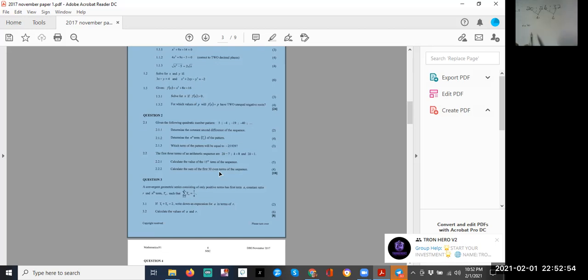Yeah, our n is 30, and then our a is equal to 20, and then our d is equal to 6. Now, therefore, S30 is equal to n, which is 30 over 2, into 2a, it's 40.